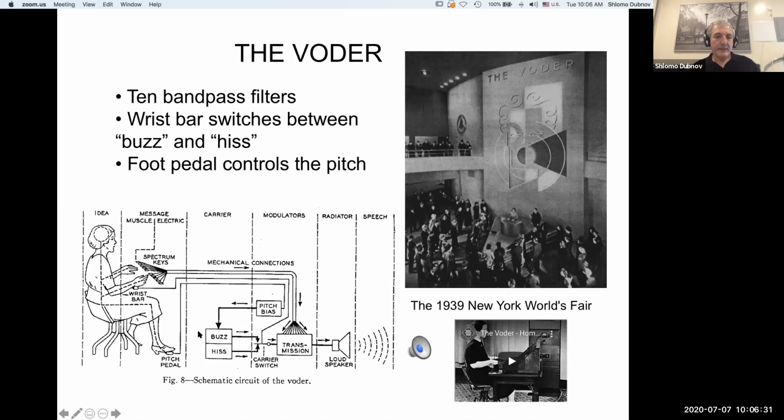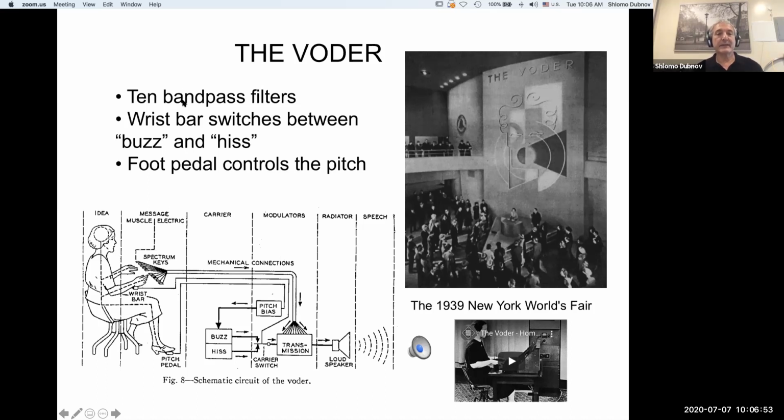And it was based on the idea that you could actually manipulate the frequency contents of a signal by creating a bunch of filters. So this time, we're not talking about FFTs, we're talking about actual filters, electronic filters.